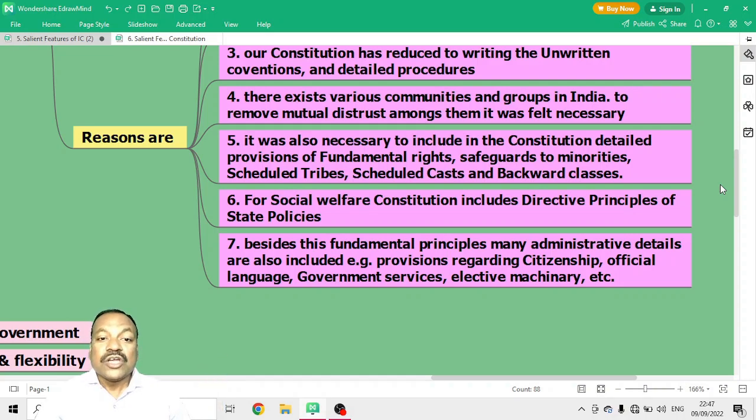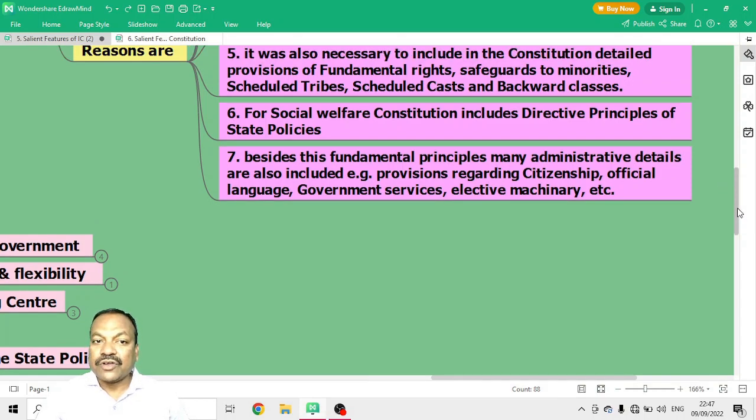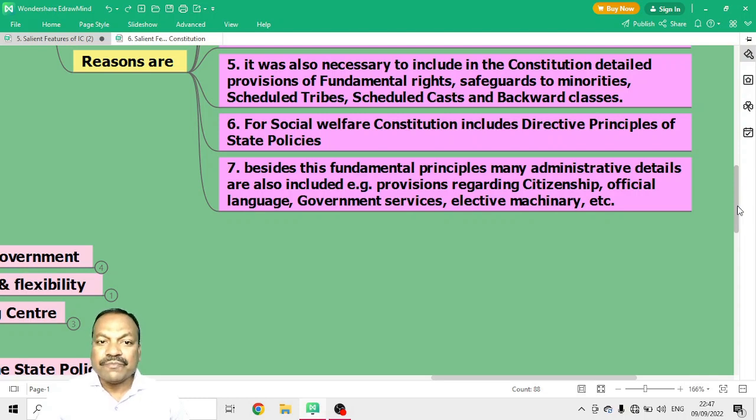Fifthly, it was also necessary to include in the Constitution detailed provisions related to the fundamental rights and safeguards for the minorities, scheduled tribes, scheduled castes, and backward classes also. As our Constitution is a secular one, provisions related to the minorities, scheduled tribes, scheduled castes, and backward classes should be there. They have been reduced to writing.